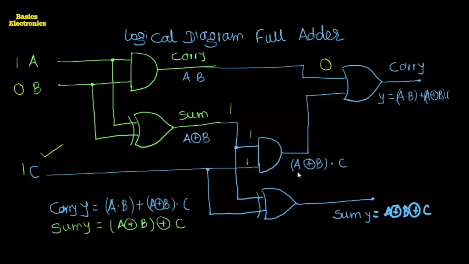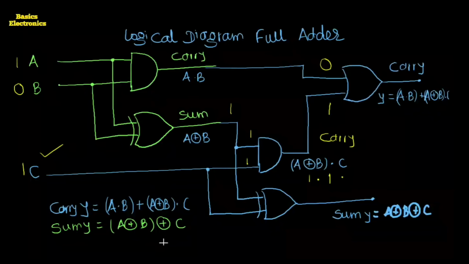Now the output of this AND gate, meaning the carry output of the second half adder, is A XOR B dot C, and here A XOR B equals 1 and C is also equal to 1. So therefore the carry generated is equal to 1.